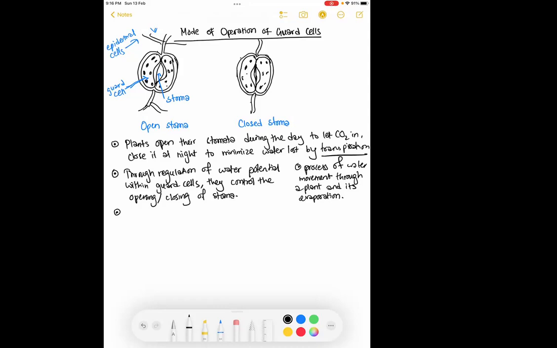And that will cause more water to enter the cell through osmosis. And obviously if water enters the cell through osmosis, it will make it expand, and that's how the stoma will close.